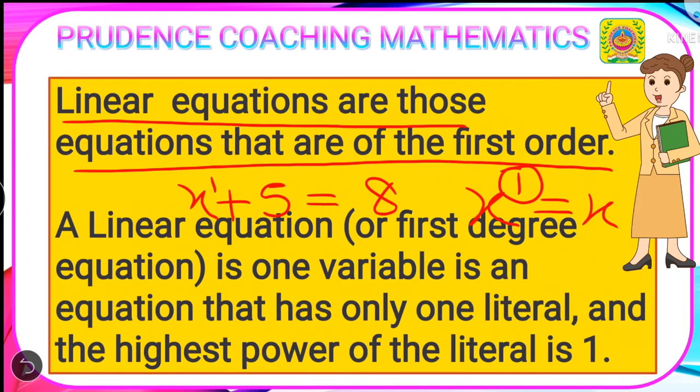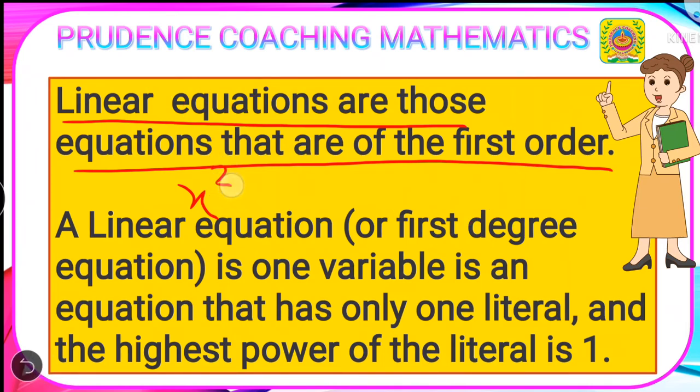Therefore, any equation where the variable has the highest power as 1 will be known as a linear equation. For example, we can take any other equation, that is 4a equals 2. This is also a linear equation because here the variable is a and the highest power is 1. But if we take an equation like this, that is x to the power 2, that is x square plus 5 equals 12, here as you can see, the power of x is 2.